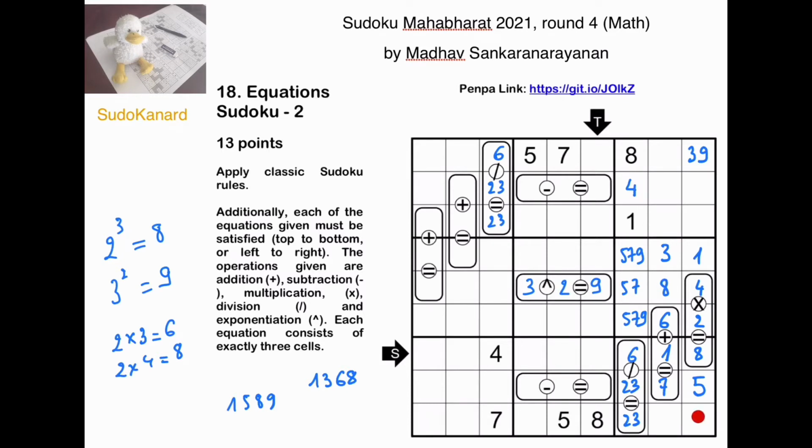Good. Now these digits must be 9 and 4. Because of this 4, we get 4 here, 9 here. We get a 3 up there. And these must be 6 and 7. And these must be 2, 5, and 9.